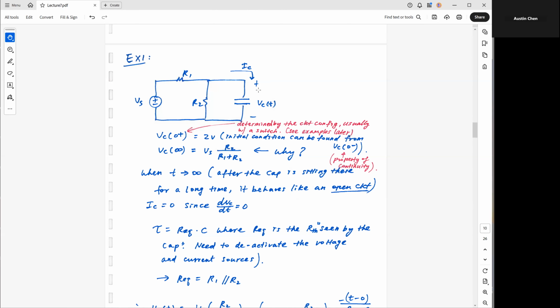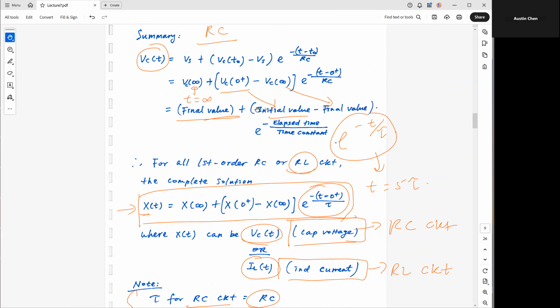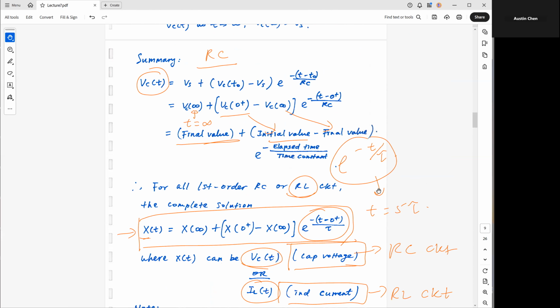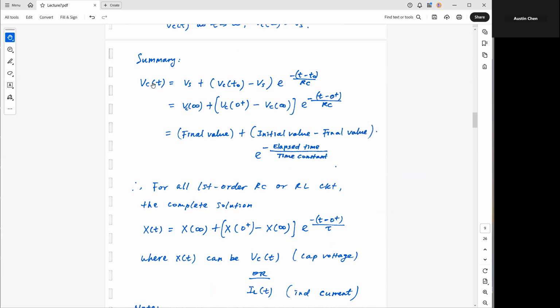Without having to rederive the first order equation and therefore the first order solution, because we have already done that earlier and arrived at this solution, this is our template. I'm just going to make use of this template and show you how to use it. We need to solve for VC of t.